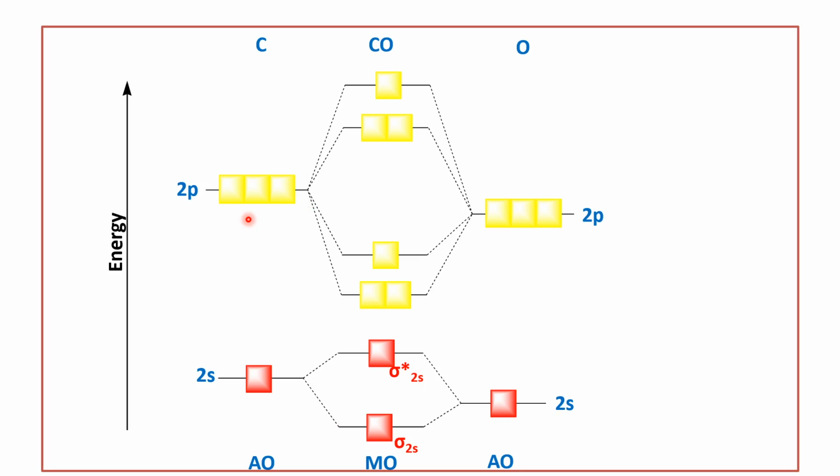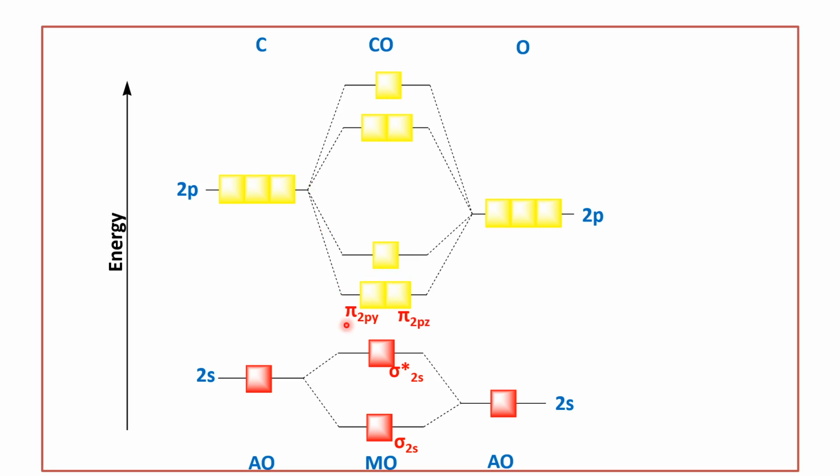Then further we are having the 2p atomic orbitals for the carbon and the oxygen. Again they are total 3 plus 3, 6 in number. Out of these 6 we are having the total 6 molecular orbitals. The 3 will be lower, that is bonding, and 3 will be upper, that will be the anti-bonding. So the bonding are pi 2py and the pi 2pz.